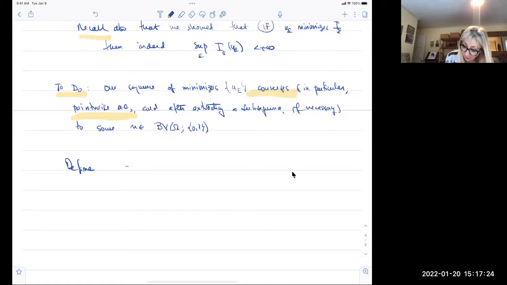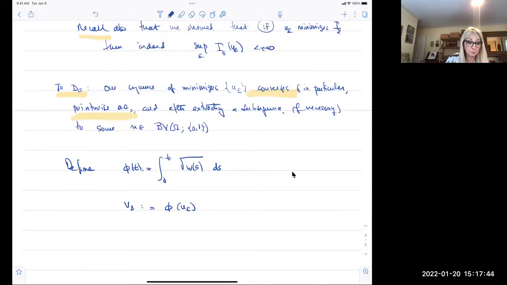So I'm going to define the function phi of t, which is the integral of the square root of W of s ds. Remember, W is an energy density. It's non-negative, so this makes sense. Then I'm going to define V epsilon to be the composition of phi with my sequence U epsilon.